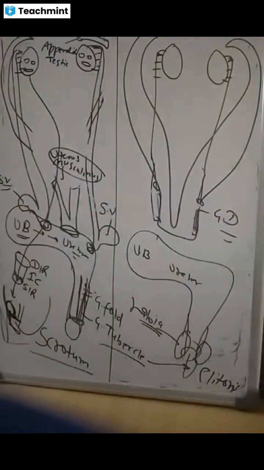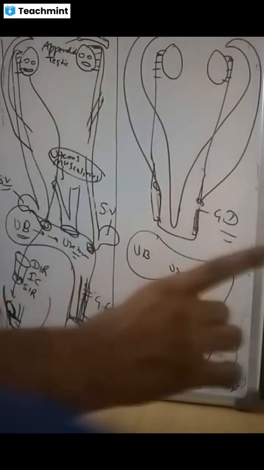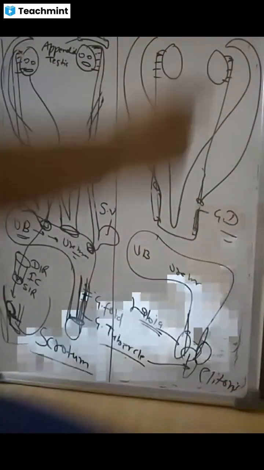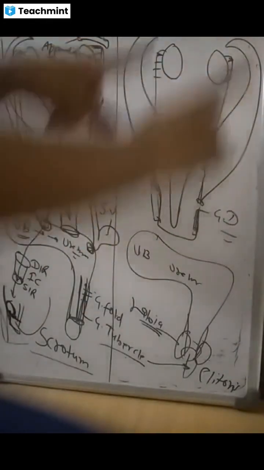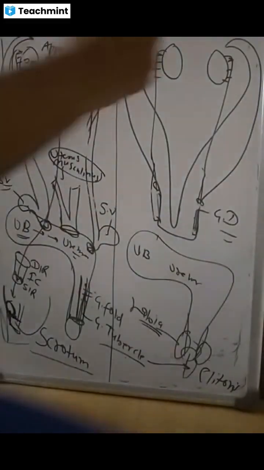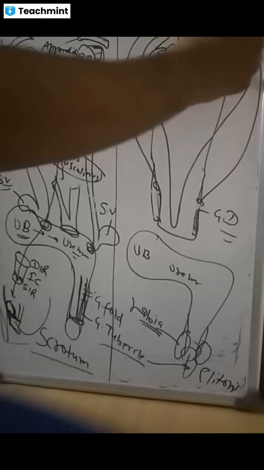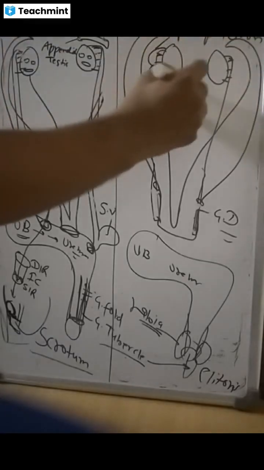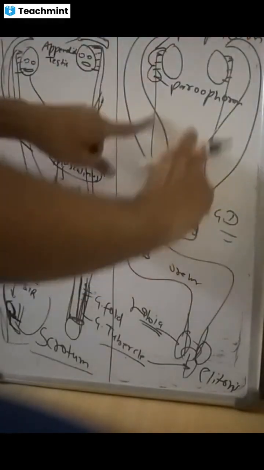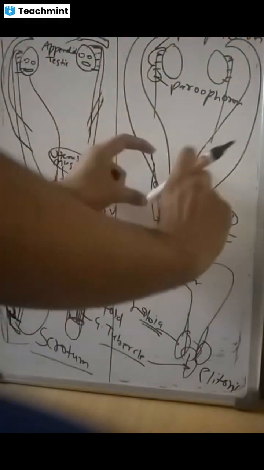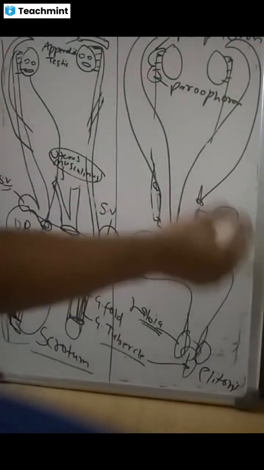Paramesonephric is the remnant. In case of female, the paramesonephric is functional and the mesonephric is the remnant. At what places is it a remnant? Cranial part: what we call the remnant is epoophoron and paroophoron. This is cranial, and here it will regress, and the caudal part is a duct in the wall of the vagina called Gartner's duct.